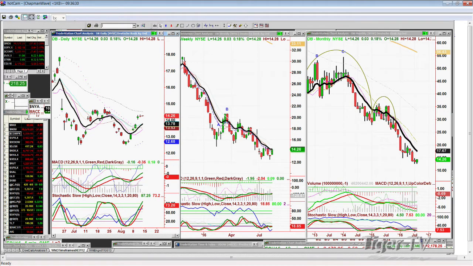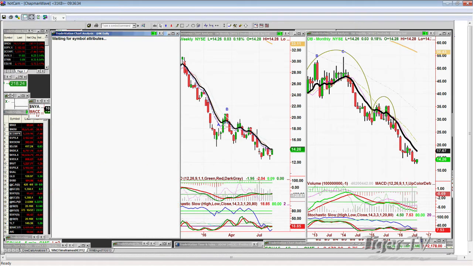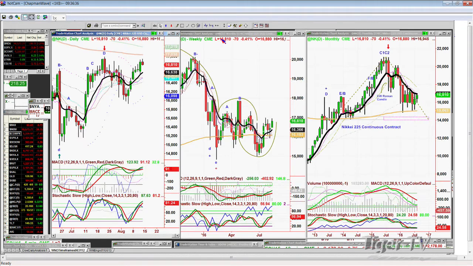Within the context, I want you to look at other markets. Look at the Nikkei. The Nikkei right now is trading at, it's down 70 in the futures at 16,810. There's a strong chance that 17,000, this whole area between 16,950 and 17,050, is going to be very strong resistance for now.